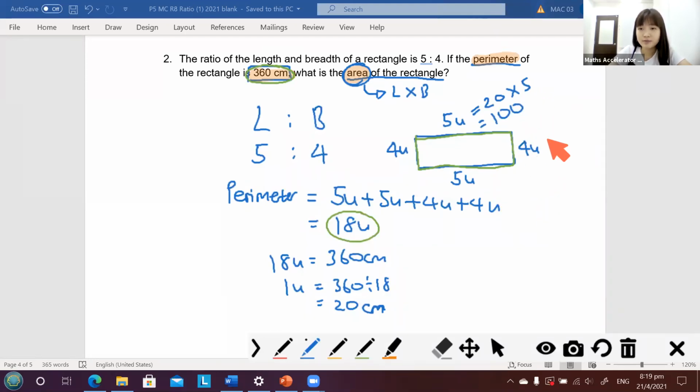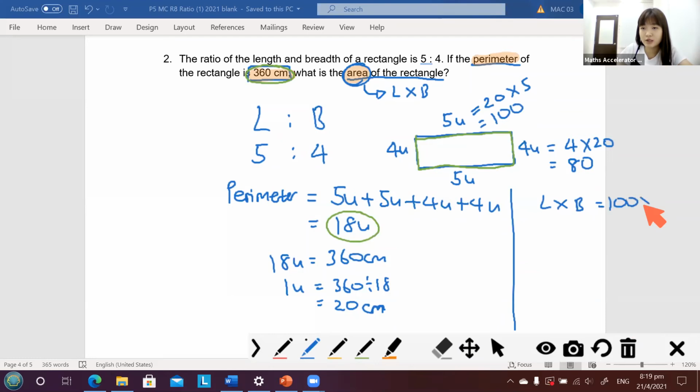And we need the breadth also. This is the length. Then we find the breadth. 4 times your 20. Yes, 80. Then now you just need to take the length times breadth. 100 times 80. So your final answer, just add the zeros up. Yes, 8,000, correct. 8,000 square centimeters.